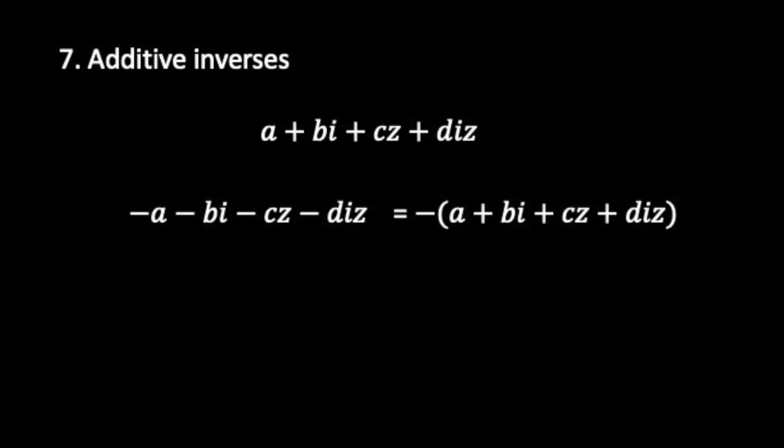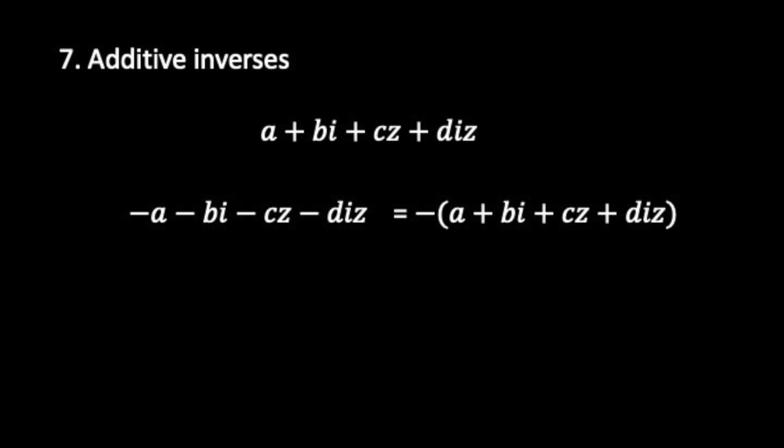Next up, the additive inverse in the set M. The additive inverse of a metacomplex number M is the metacomplex number that, when added to the original metacomplex number M, yields the additive identity element 0. Every metacomplex number a plus bi plus cz plus diz has an additive inverse, which is minus a minus bi minus cz minus diz.